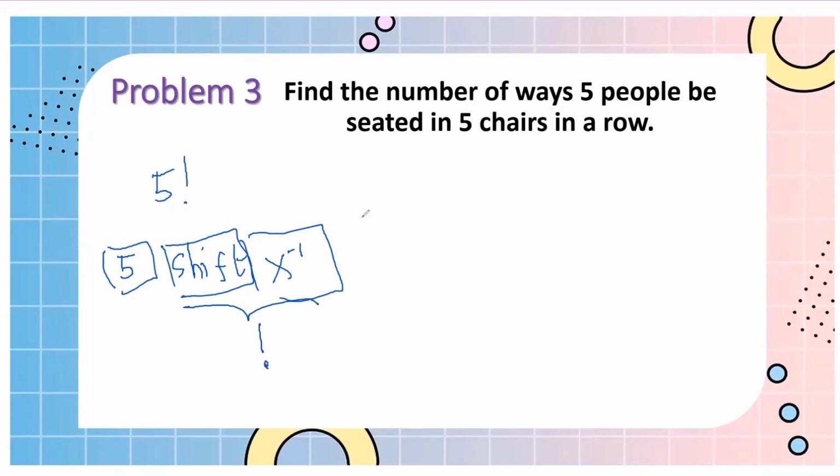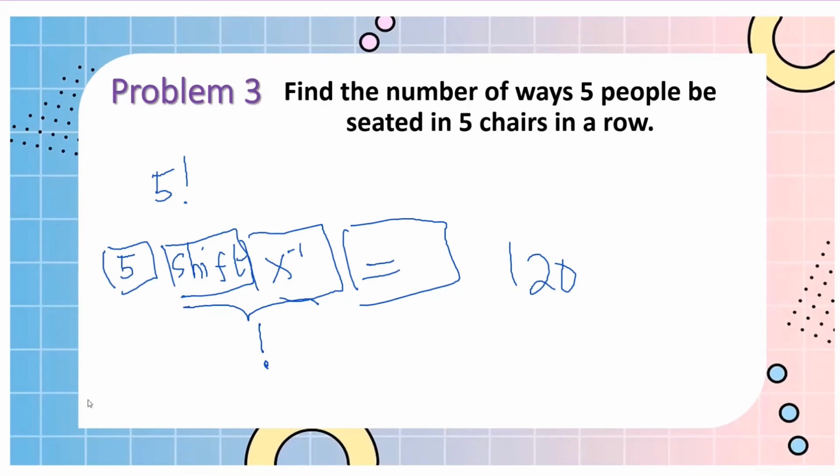So, let me see again, 5, shift inverse. Then, press equal sign. And the answer is 120. Okay, nakuha? Pag parehong-pareho. Next. I think yung last is binawasan ng isa yung row.